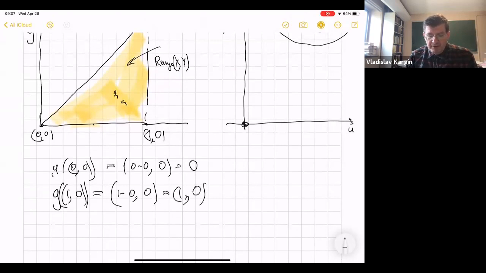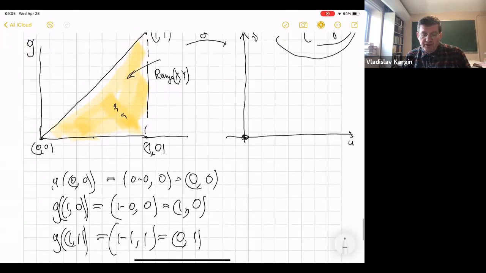Nothing interesting so far. What about g of 1, 1? It's 1 minus 1 and 1, so something different than before: 0 and 1.